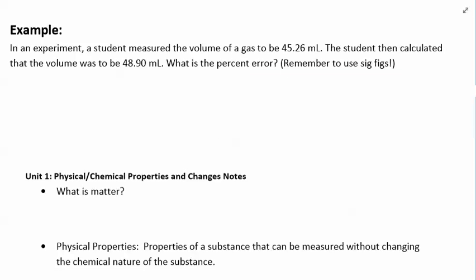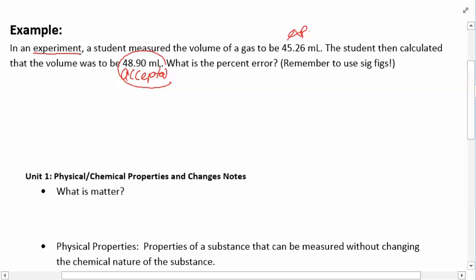So this is one type of example. We're going to take a look at a couple other types of examples later. But in this example, we have a student measuring a volume of a gas to be 45.26 milliliters. They then calculated the volume to be 48.90 milliliters. What is the percent error? The 45.26 is the experimental value because this problem specifically says, in an experiment, a student measured the volume.